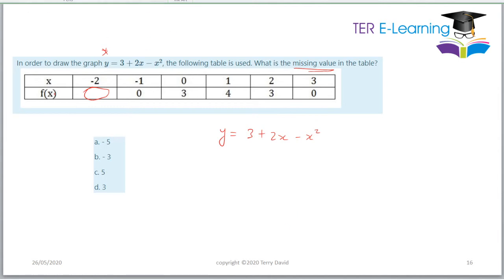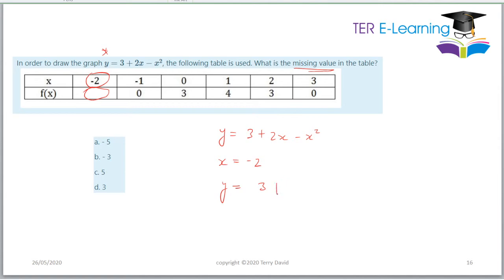Alright, so if you were given a question like this in the exam and you had to plot a graph, you need some corresponding values of x and y in order to plot the graph. All you need to do is substitute. So you're going to say, when x equals minus 2, because this is the value we're talking about here, y is equal to... all you're going to do is substitute.